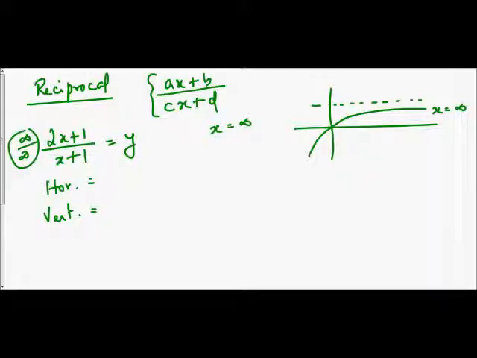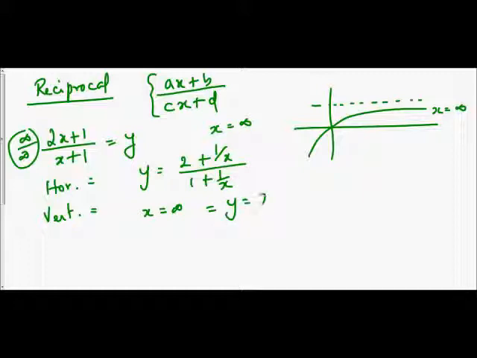You can either use L'Hopital's rule, or you can do it this way as well. If you are not aware of L'Hopital's rule, you can just divide each denominator and numerator by x, and when you substitute infinity for x, you will have y equal to 2 in this case. Therefore, as I told you, this line would be of the form y equal to k, and in this case y equal to 2 is the horizontal asymptote.